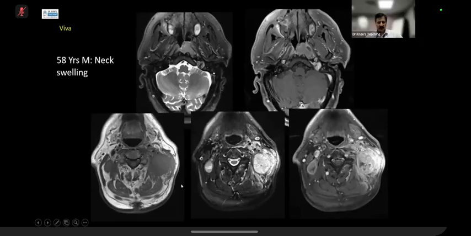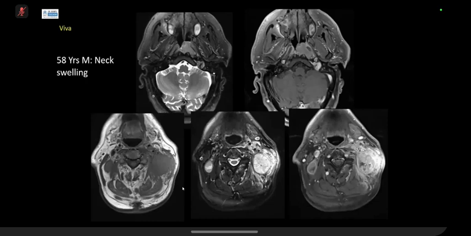This patient, candidate 2, can you hear me? Yes. Now, if you see here, this patient presented with lymphadenopathy, basically a swelling in the neck. They did an ultrasound which showed that it is malignant.